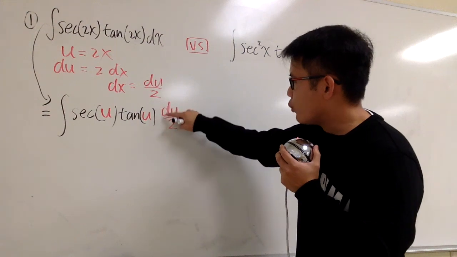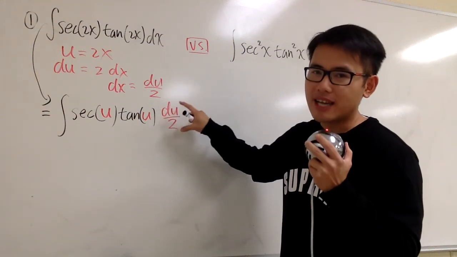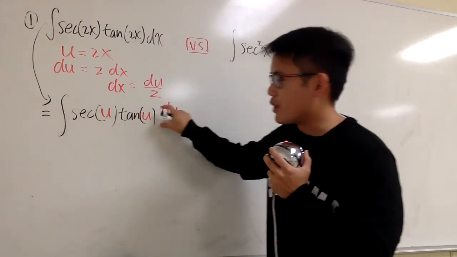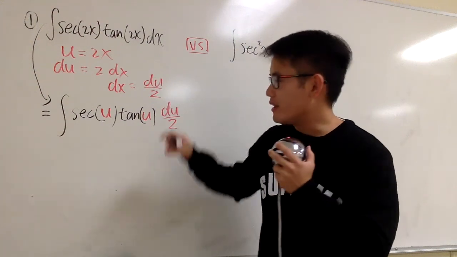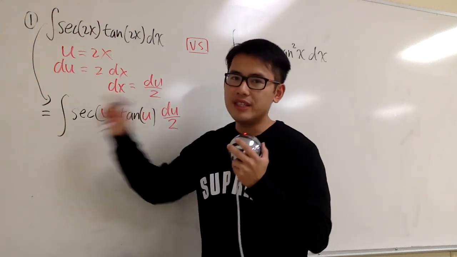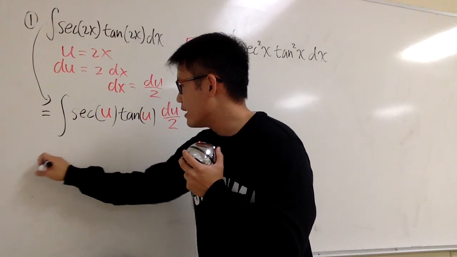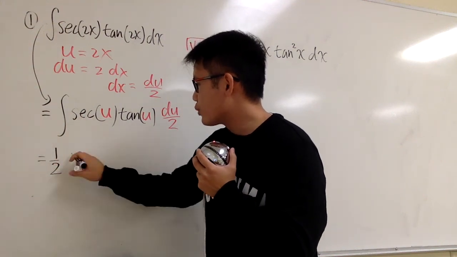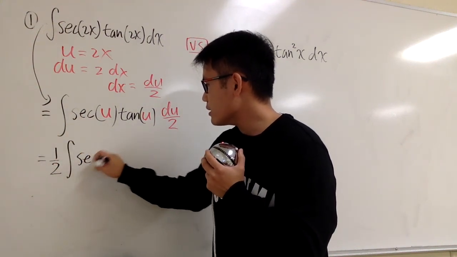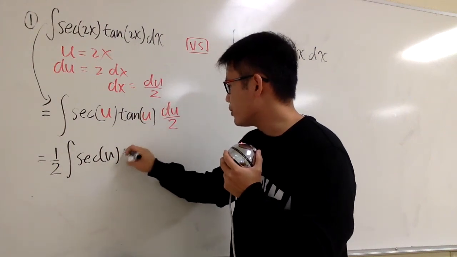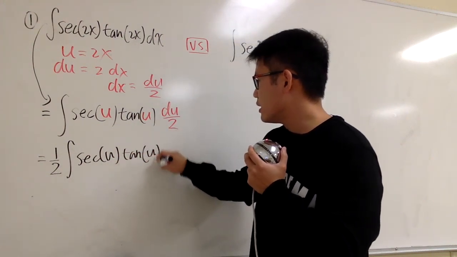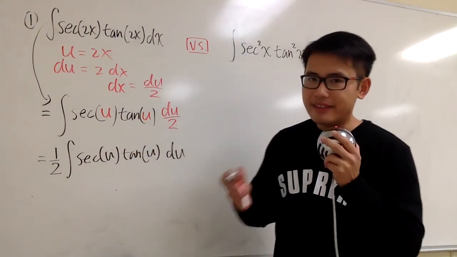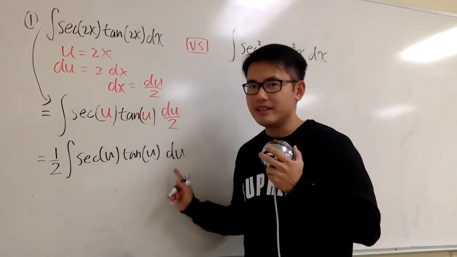And we see that we have a 1/2 right here. And this is a constant multiple with this expression. And what we can do is we can take the 1/2 to the front of the integration. So let's write that as 1/2 integral secant u times tangent u du. And now, how can we integrate this?